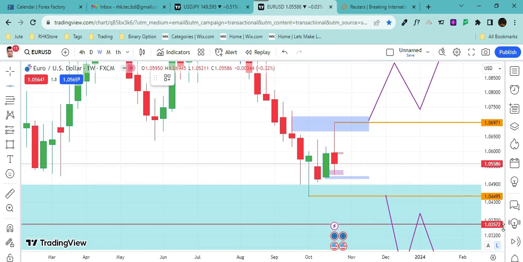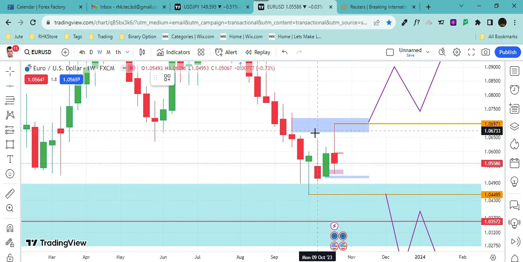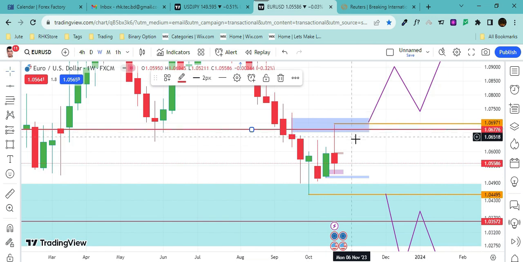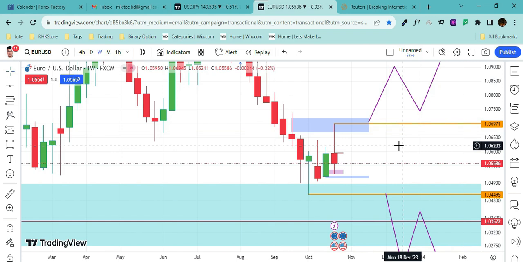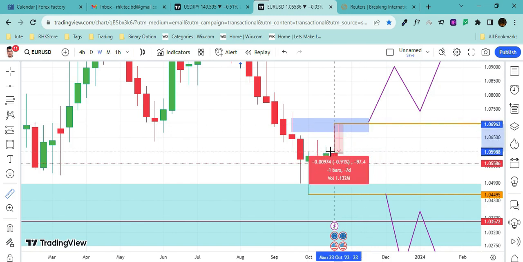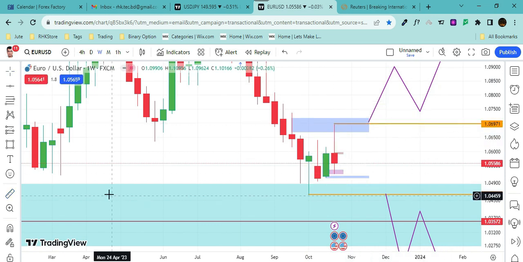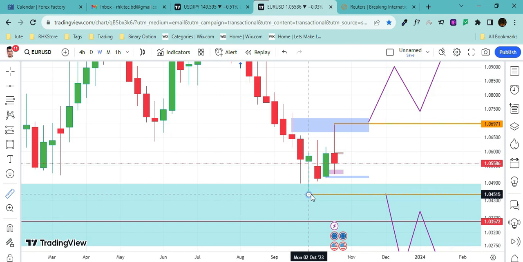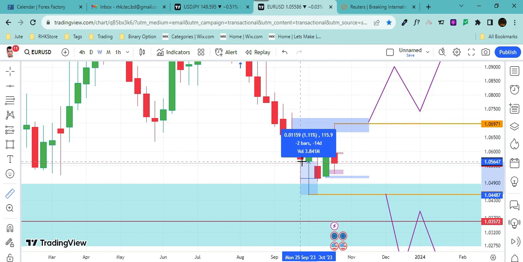This zone is very, very strong because we can see in this zone, let me remove this, in this zone the price is getting a rejection of, if we measure it correctly, almost 100 pips. And at the same time, if we measure from here also, we can see it is rejected by 117 pips.